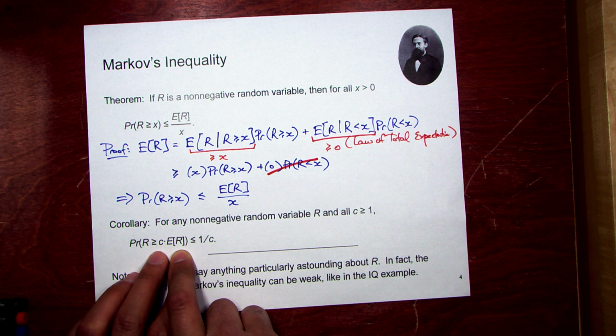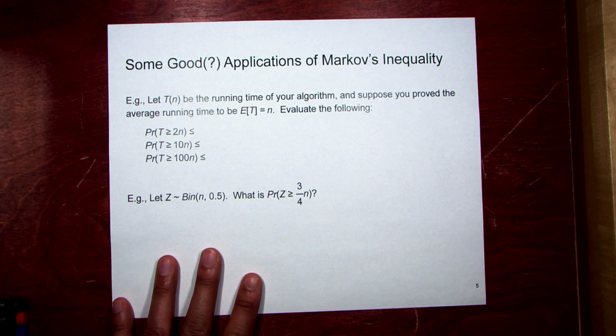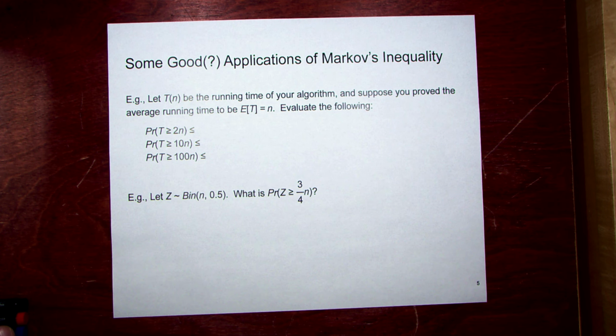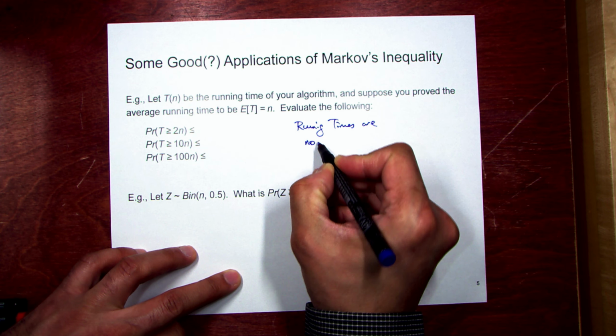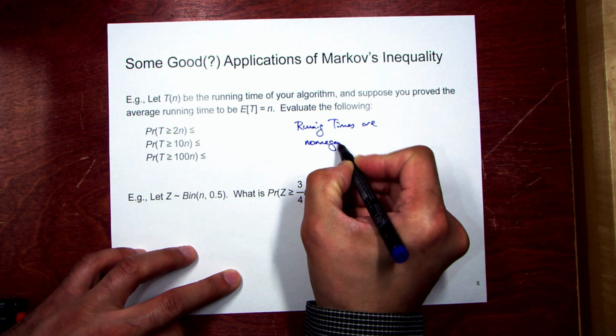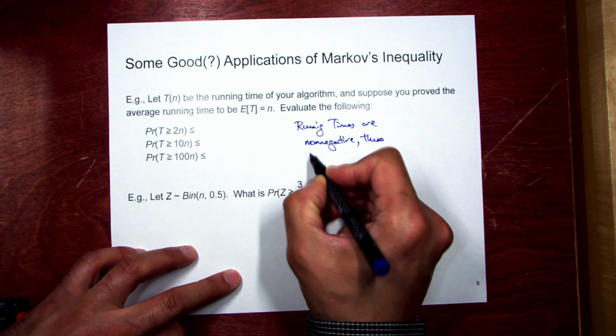Let's look at a couple of examples of this. Running times of algorithms: if you know the average running time of your algorithm, some probability distribution that's been computed, is n. Running times are non-negative, so Markov's inequality applies.